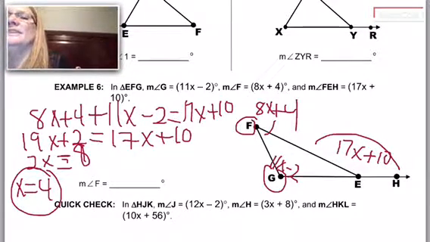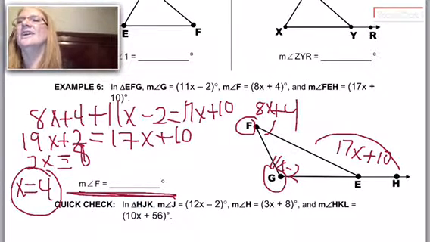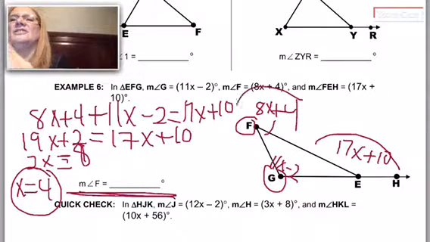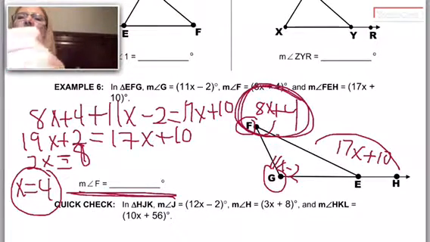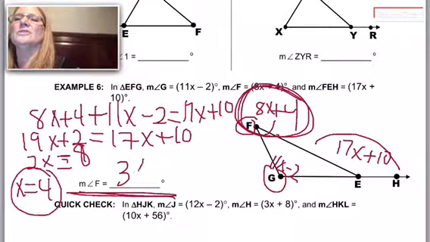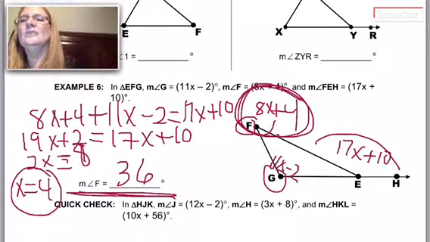Now be careful, because again, they're asking for the measure of angle F. They did not ask for what x is. So then you just have to take that 4 and substitute right here. So 8 times 4 is 32, plus 4 is 36. So again, please take a moment and try and do the quick check by yourself.